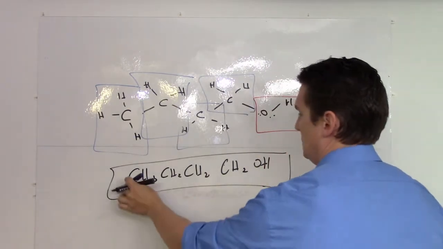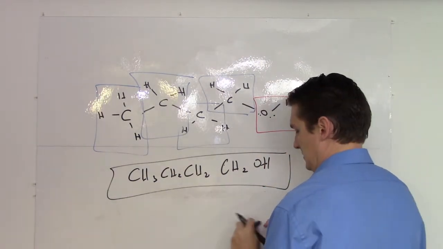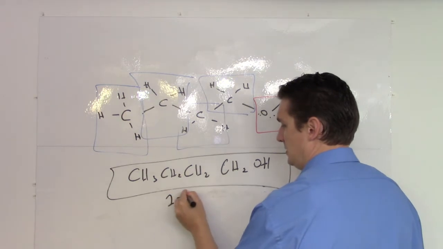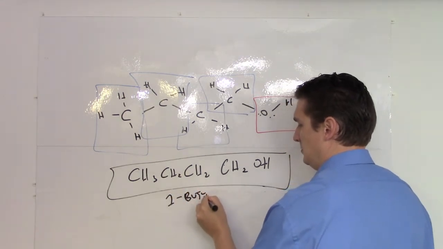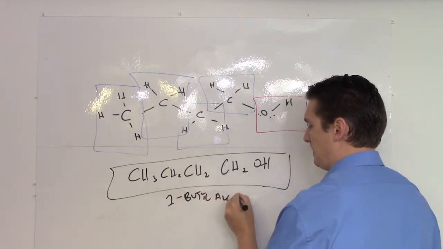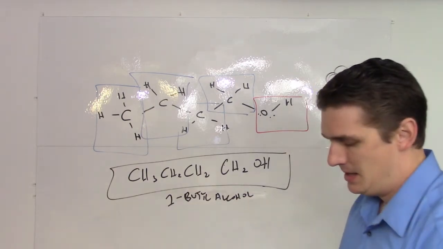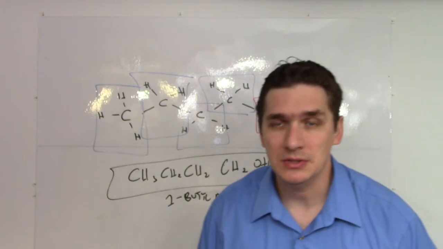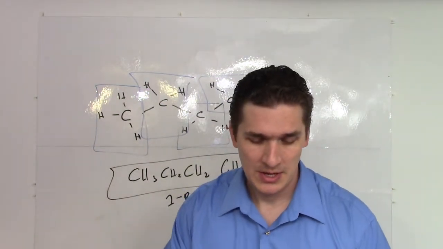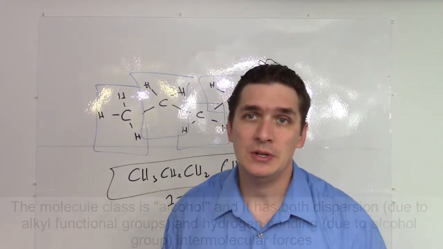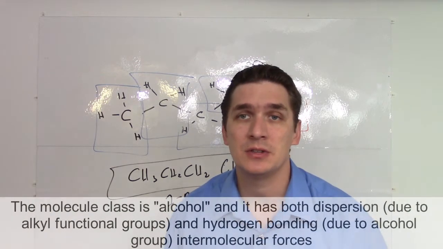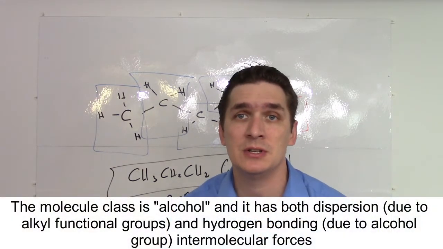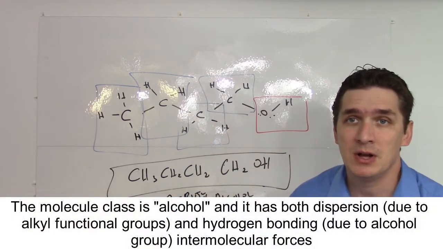And this becomes 1, 2, 3, 4. 1-butyl alcohol. Now, this is an alcohol in terms of what the molecule is, and within this molecule there are two intermolecular forces present. There are the intermolecular forces of dispersion and then the intermolecular forces of hydrogen bonding.